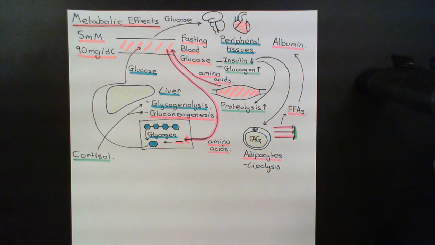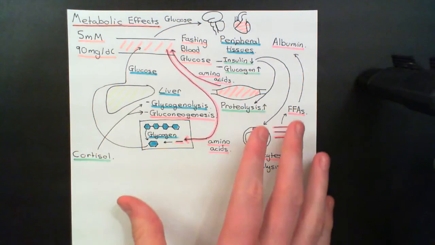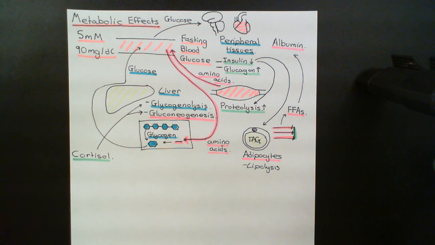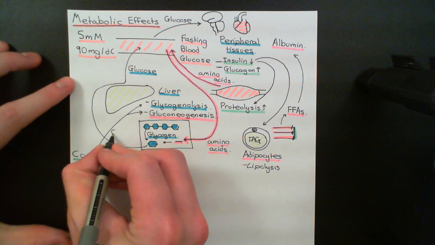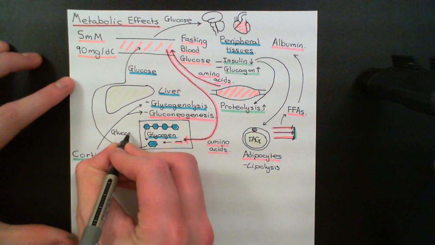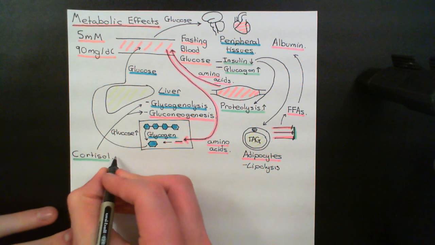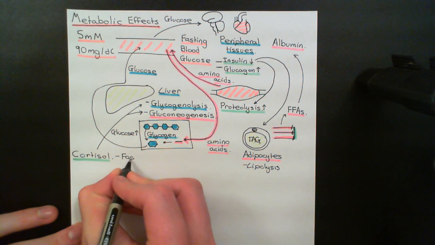Well, that means that you're going to get the balance distorted, because now the hepatocytes will be releasing more glucose into the bloodstream than the peripheral tissues will be taking out of the bloodstream. That means blood glucose concentration is going to go up. So this is going to raise blood glucose concentration. Now it's going to cause fasting hyperglycemia. So that's one of the results of cortisol.